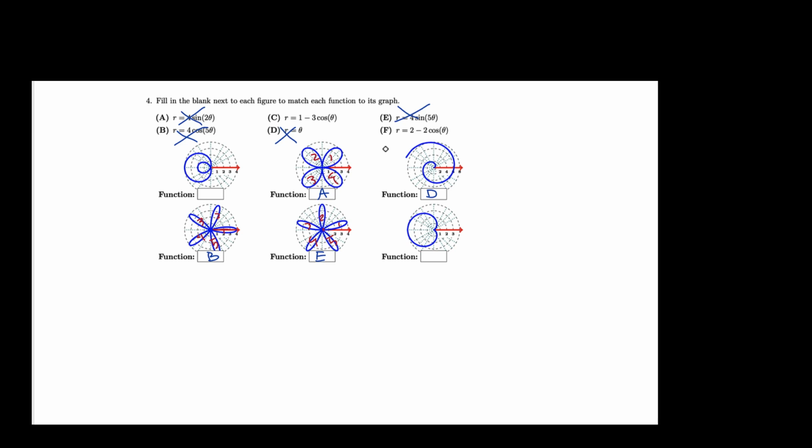And over here, if I plug in theta equal to 0, I get 2 minus 2 times 1, which is 0. But over there, if I plug in theta equal to 0, I end up with basically -2. Are these the biggest number that I get? No. Over there with theta equal to pi, I get 4.